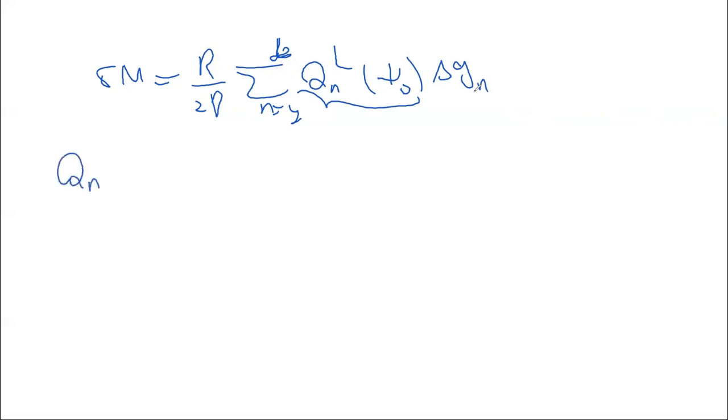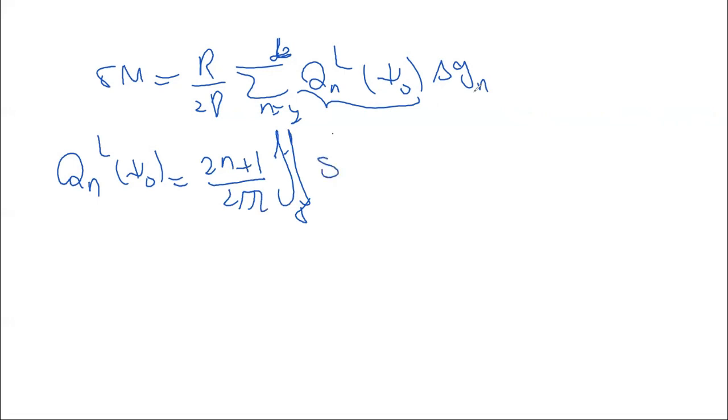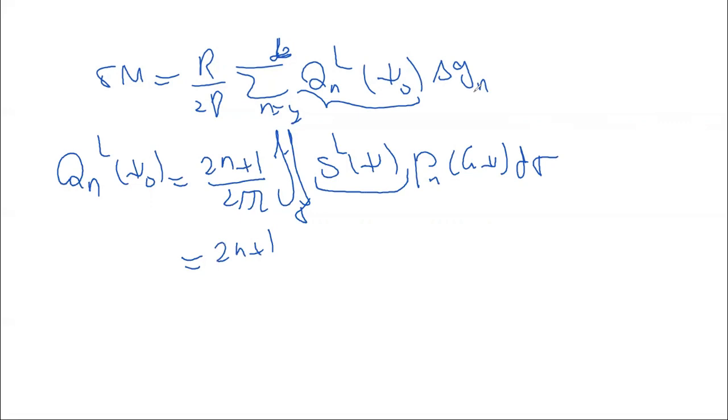So what does it mean? It means that QnL is 2n plus 1 over 4 pi integral of SL psi Pn cosine psi. And I already derived the spectral form of this function. Let me put it here in the spectral form. I will write that the spectral form in another color.